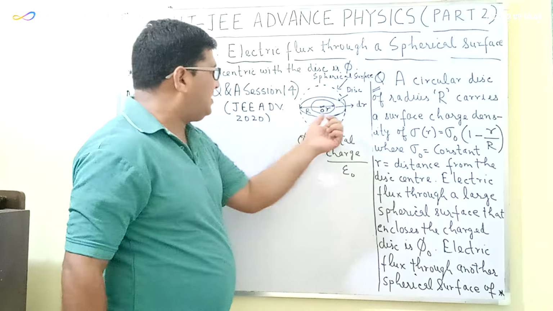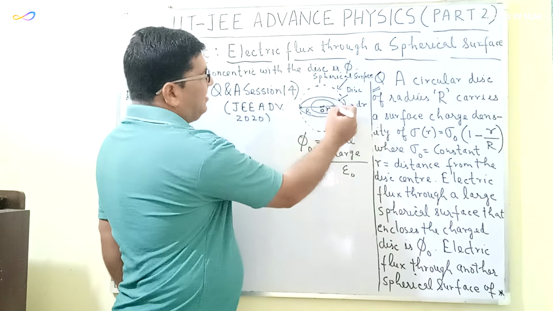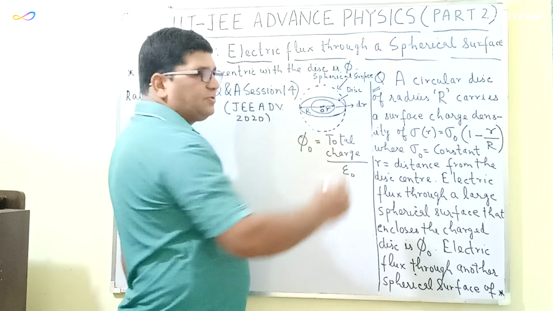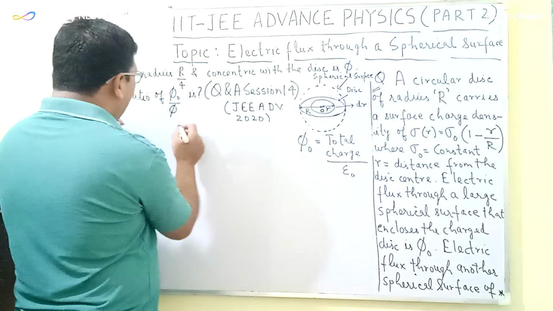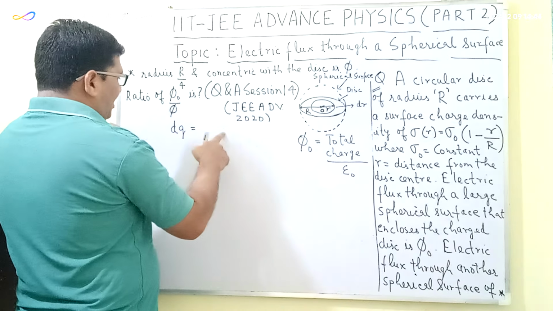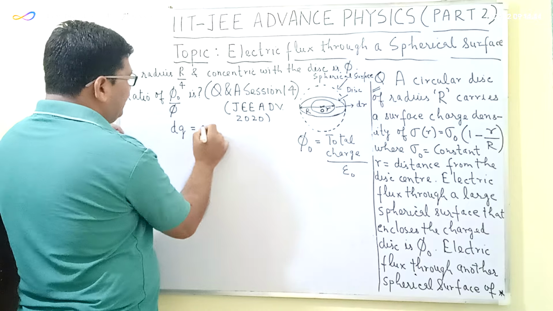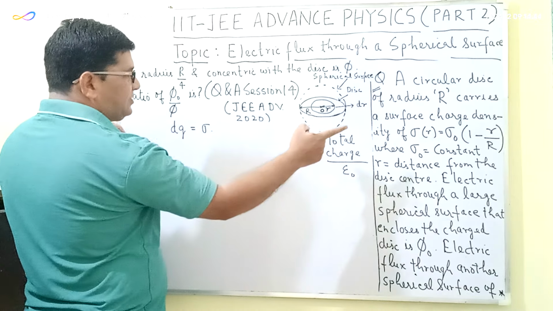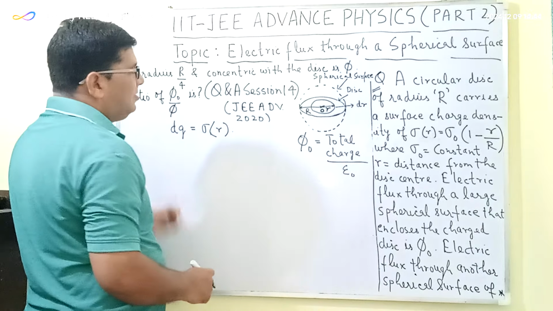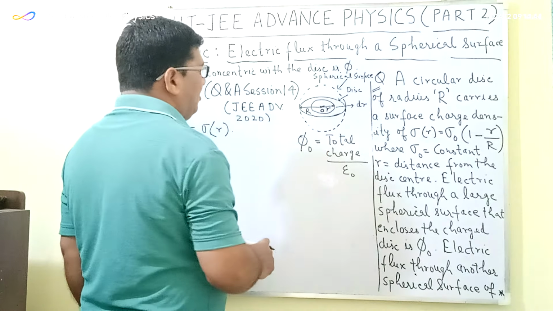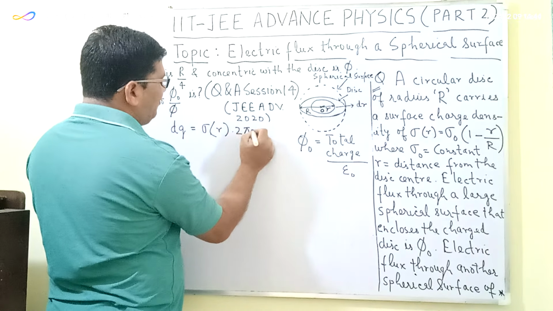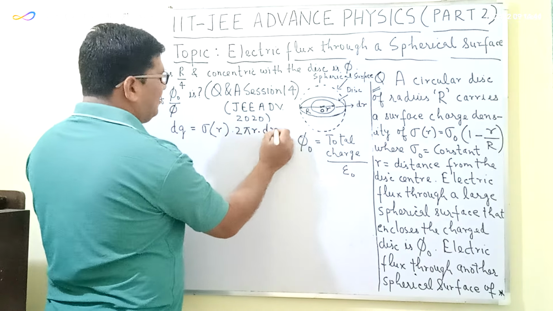Now here we have to find the total charge which is enclosed by the spherical surface. For that purpose, I have considered one elemental ring here which is situated at a distance of small r from the center of the disk, having a thickness of dr. So the charge on this elemental ring can be taken as dq, which will be equal to the surface charge density, which in this case is depicted by sigma r, into the area, which will be equal to 2 pi r, the circumference of this ring, multiplied by the thickness of it.